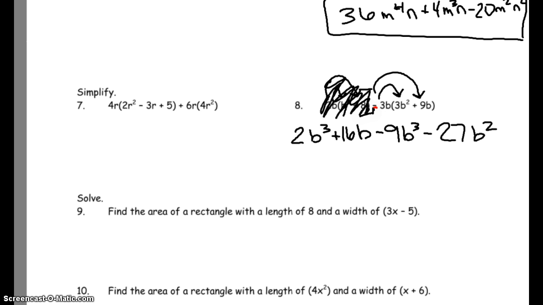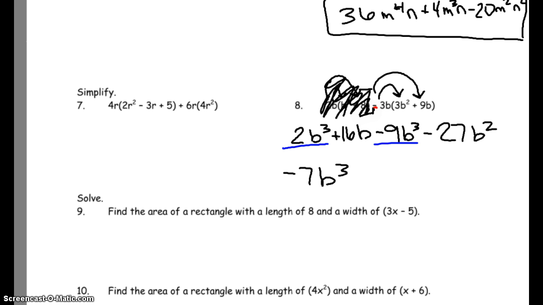Now, because we had 2 different original problems, we want to look at this and see if there's any like terms. Here I have a 2b cubed. I also have a minus 9b cubed. So we can combine those for a negative 7b cubed. And then we want to do what is called a descending order with our exponents.